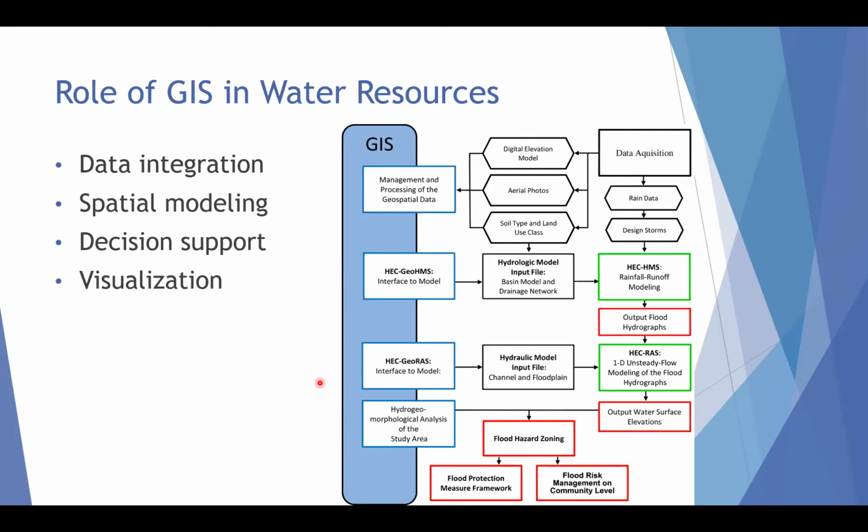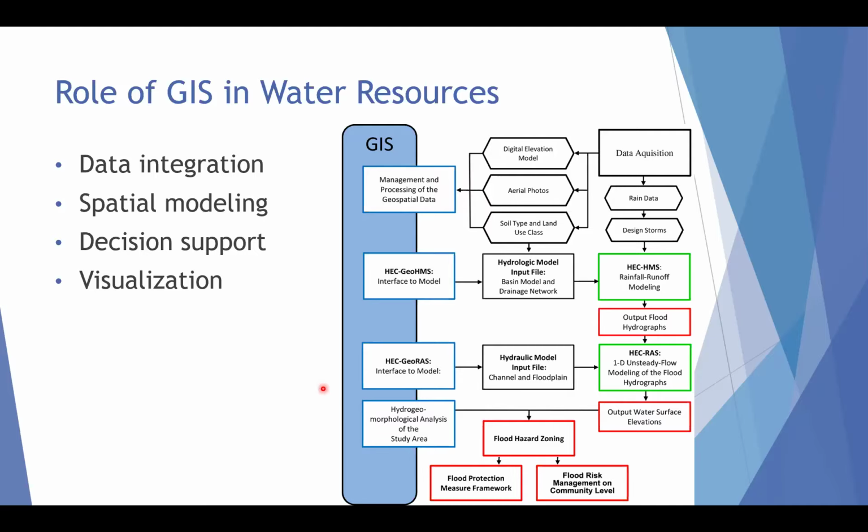Now again, we can visualize the results in a spatial format, like which area is inundated and which area is not. So likewise, GIS can be used as a tool for data integration, spatial modeling, decision support, and it also supports spatial visualization.